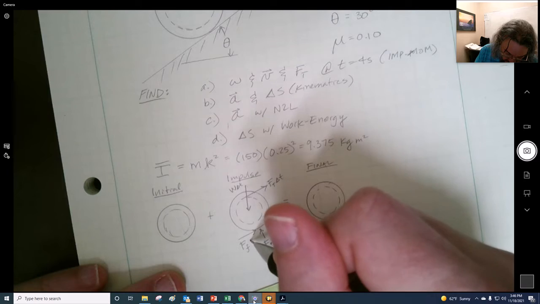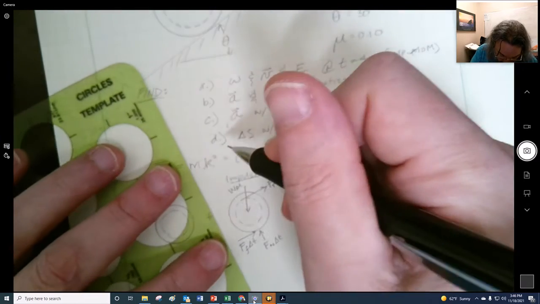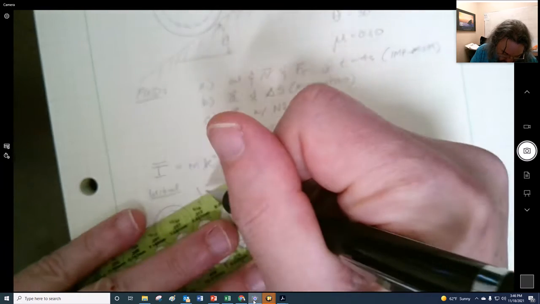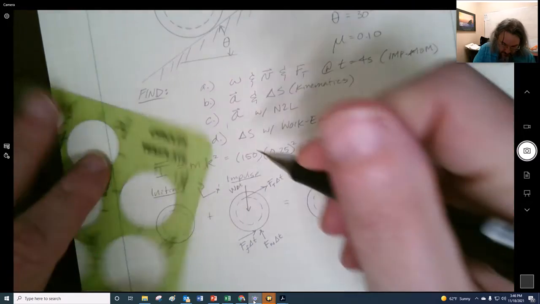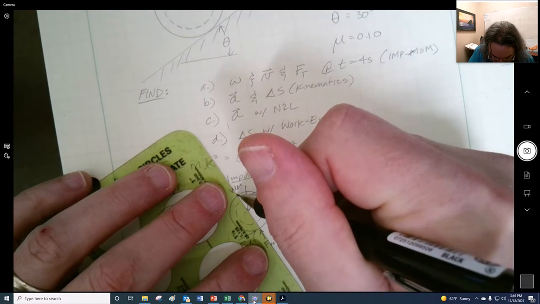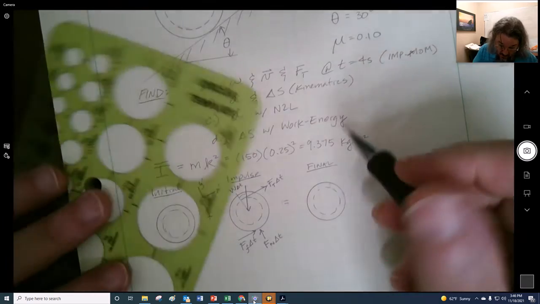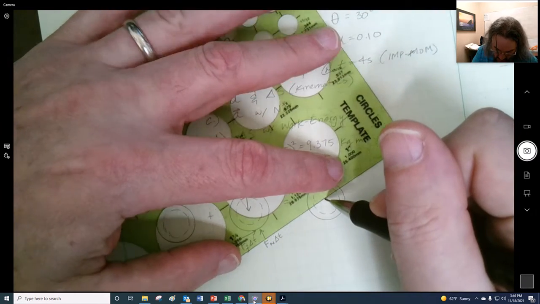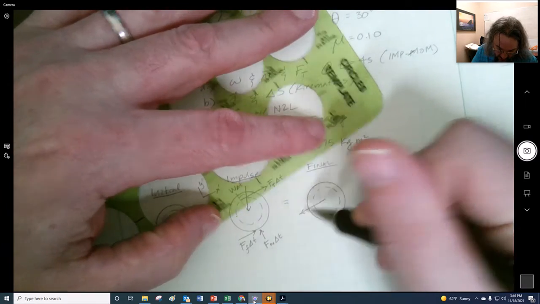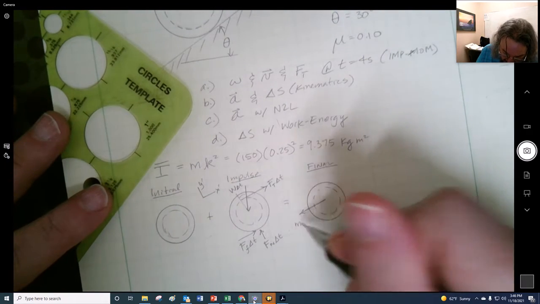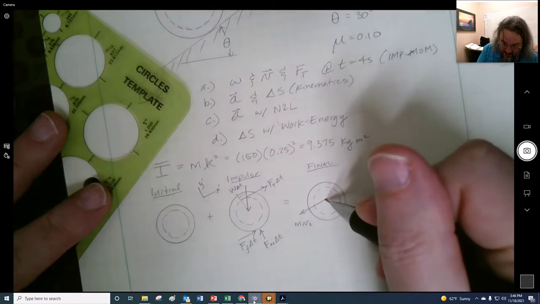So I have a friction force, and that's going to be times delta t, because remember, these are impulse things. And we want to take a coordinate system probably that's aligned with the slope, that's going to help us. If we were taking a look right here, that angle would be theta. After that delta t, it's going to have a velocity, so it's going to have a mass times v2 from the center of mass.